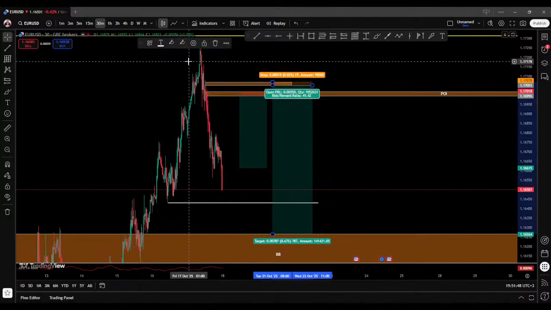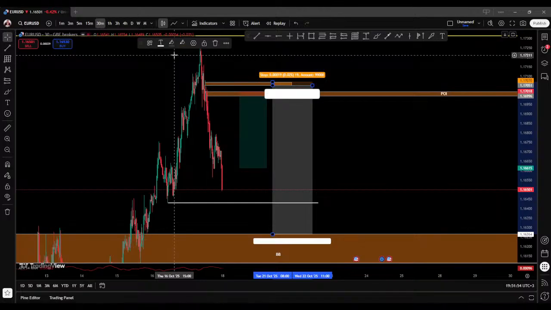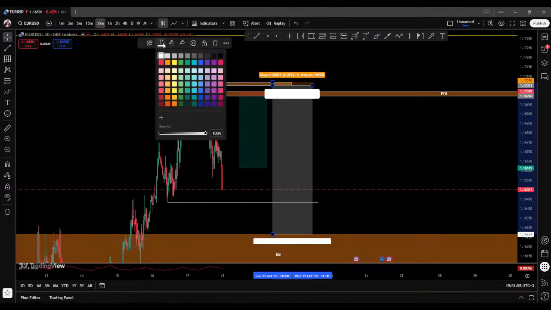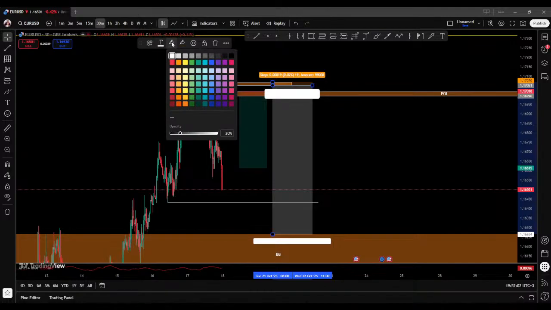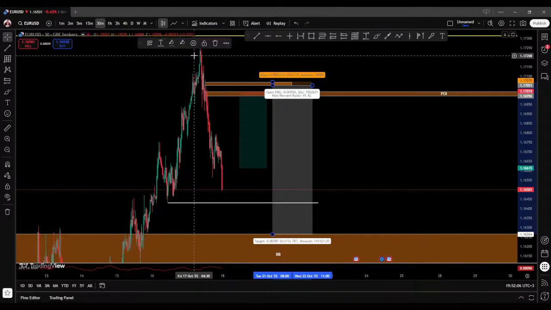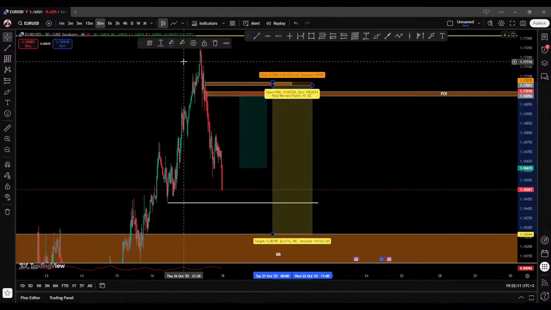That's a crazy risk to reward ratio. Okay, and it is possible. It is very much possible.